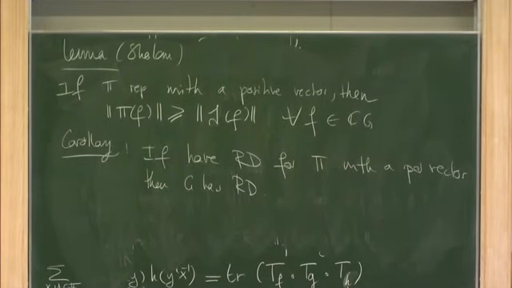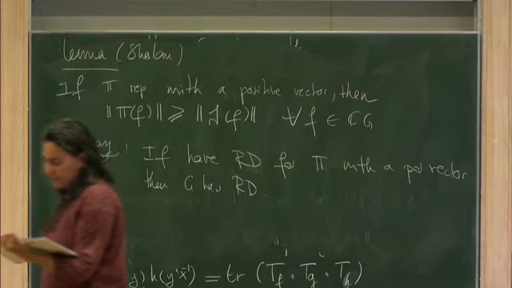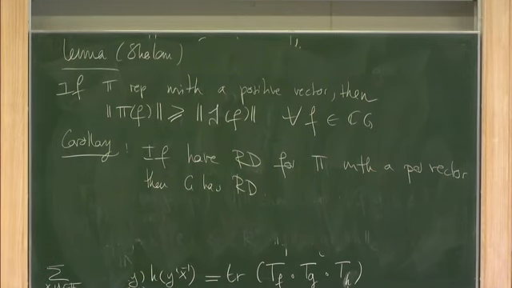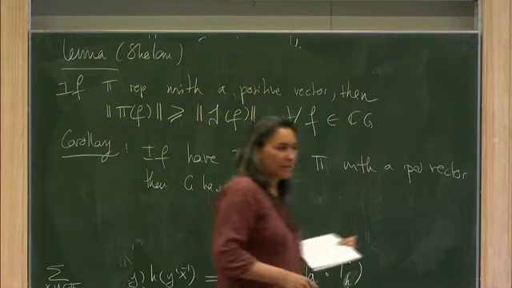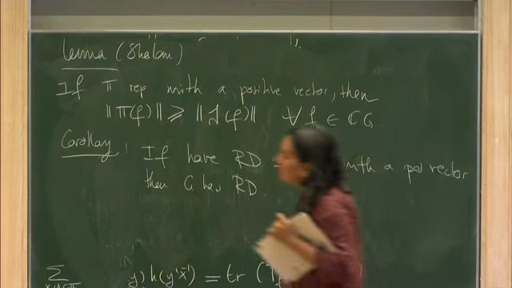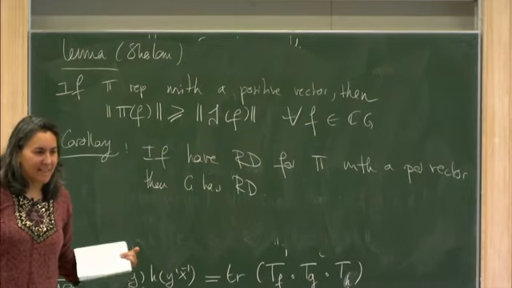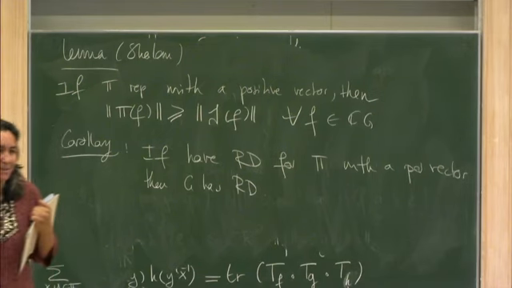That's what Boyer does. He studies that kind of inequality for other representations, and one thing that he shows, for instance, is that for SL_n(Z), they never have rapid decay, even though they have positive vectors.